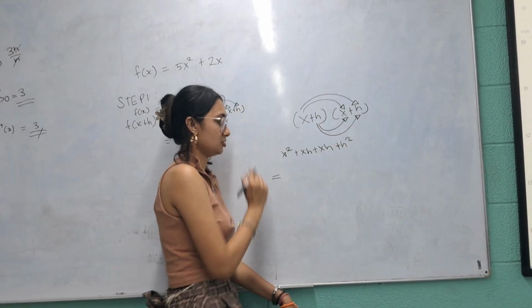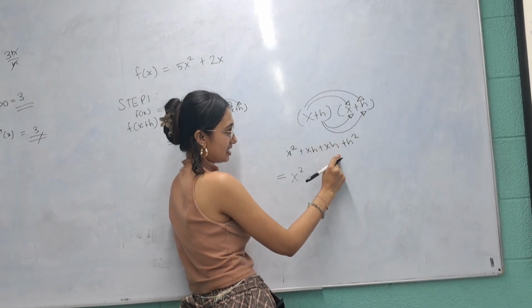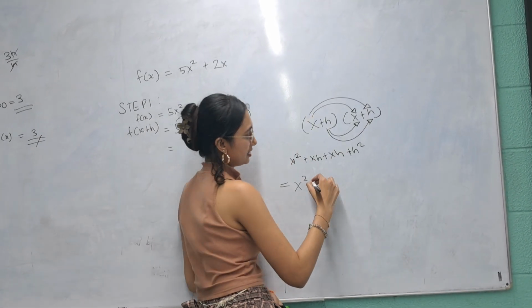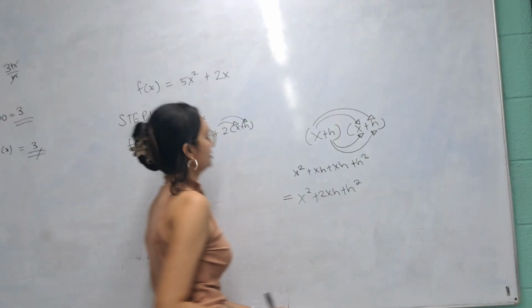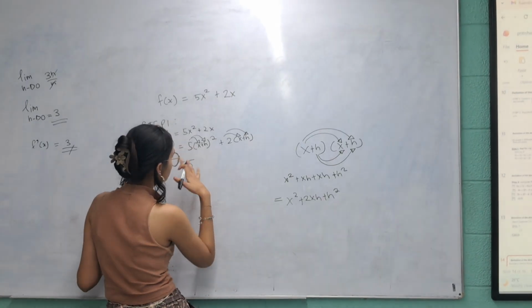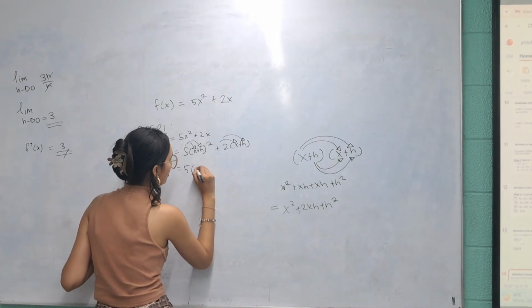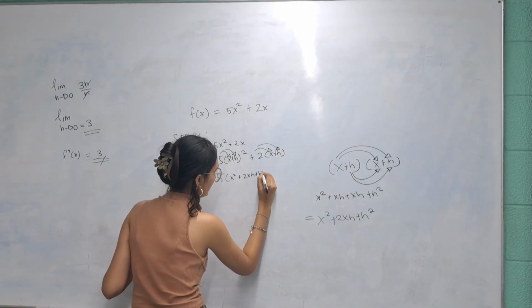This can also be written as x squared, since xh and xh are common terms, which will give us 2xh plus h squared. So our x plus h squared is now x squared plus 2xh plus h squared.